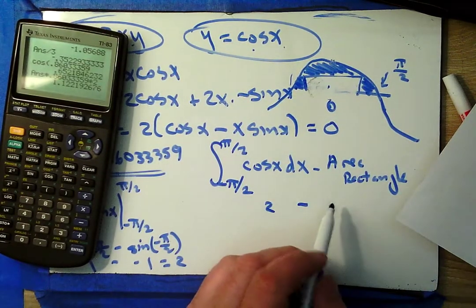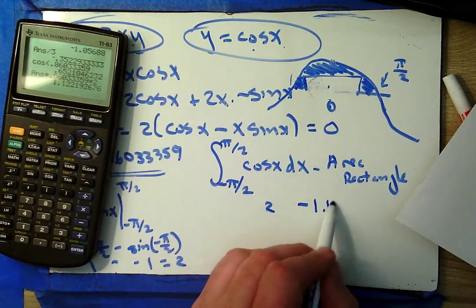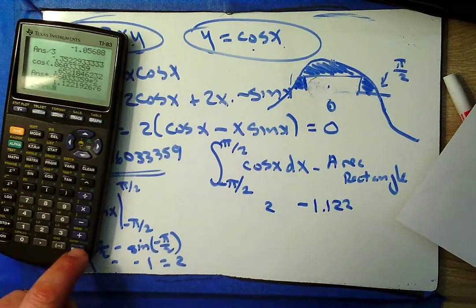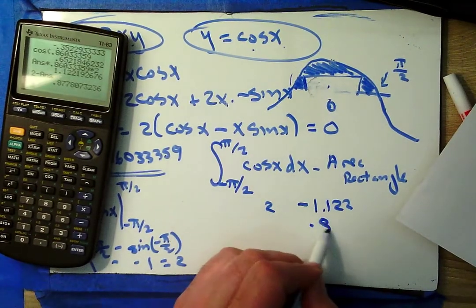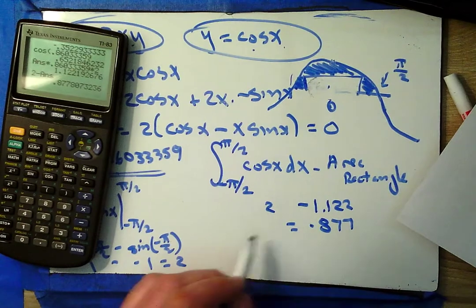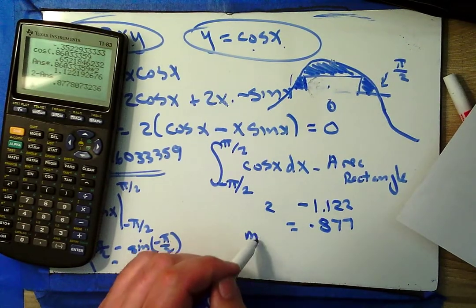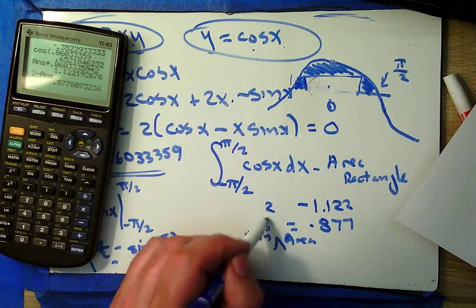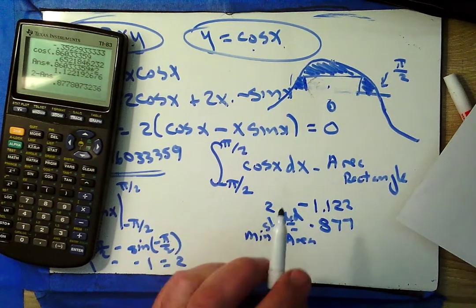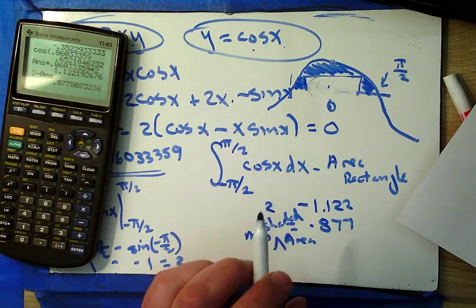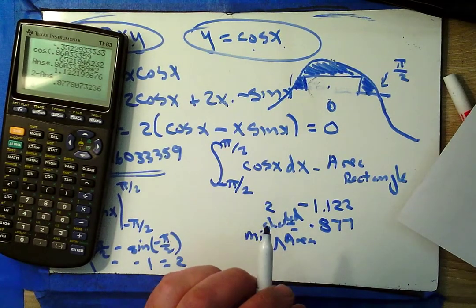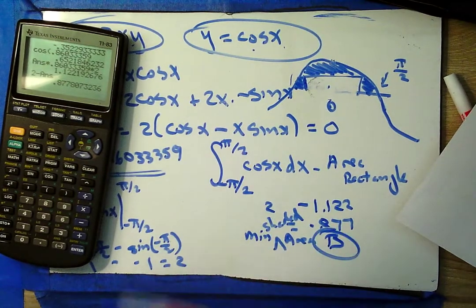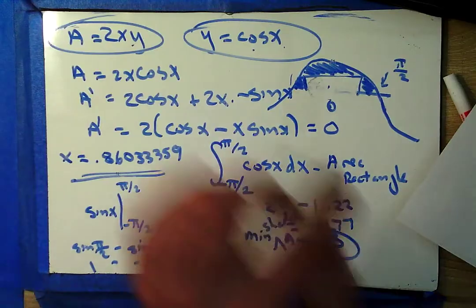So 2 minus the area of the rectangle, 1.122, gives me 0.877. So that's the minimum shaded area. This does not ask for a justification. It is a multiple choice problem, and I see that my answer is choice B. Choice B is my answer for number 2.